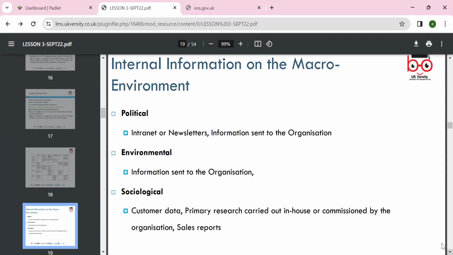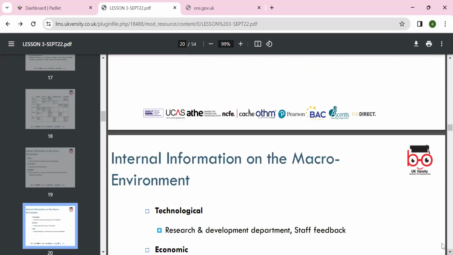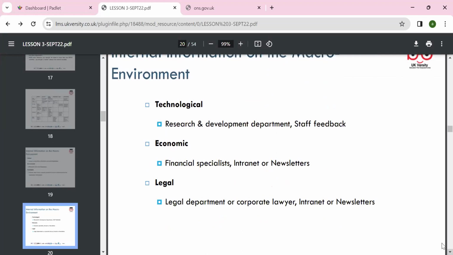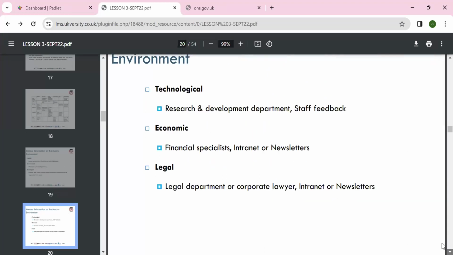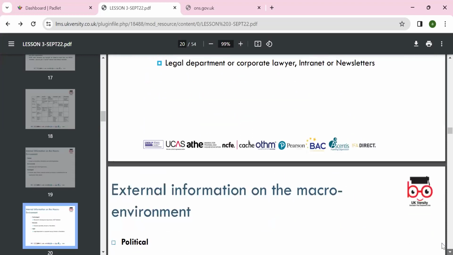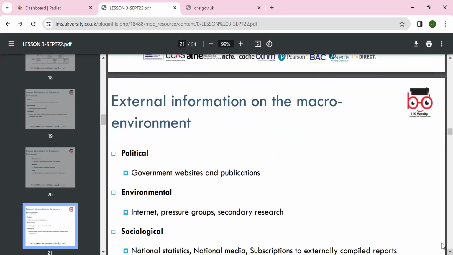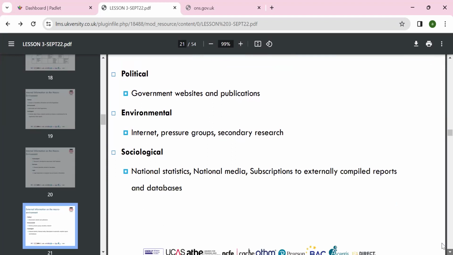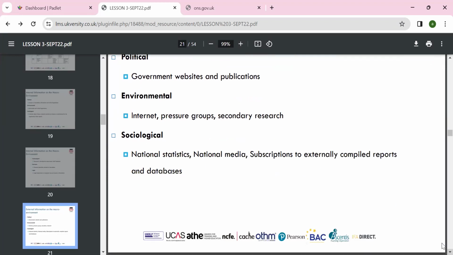These are quite crucial, which we can look up on the internet and in the newspaper. The primary research is carried out in house, such as technology research and development and staff feedback. In the legal environment we have a lot of laws like equality, diversity, health and safety, the national minimum wage, and GDPR.